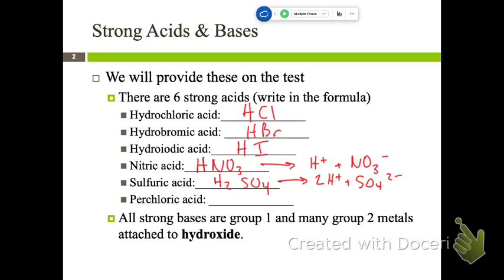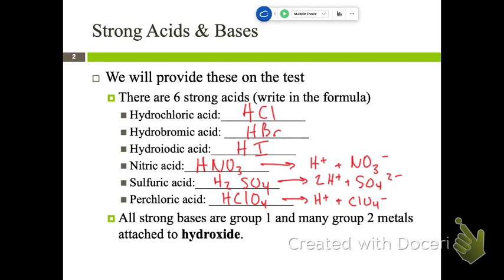Chad, what do you have for perchloric acid? HClO4. How did you know that one? Perchlorate, or ClO4. ClO4 negative is perchlorate. This is perchloric acid because it's attached to an H plus ion.